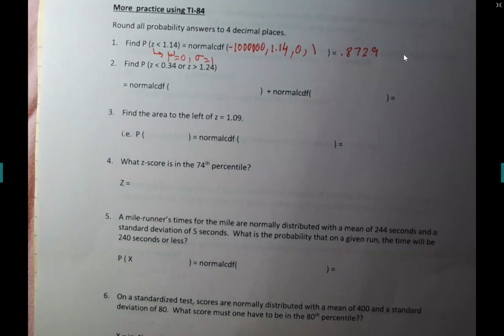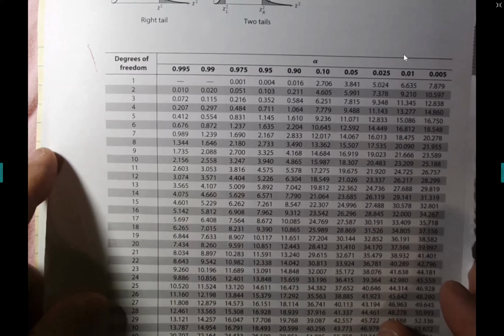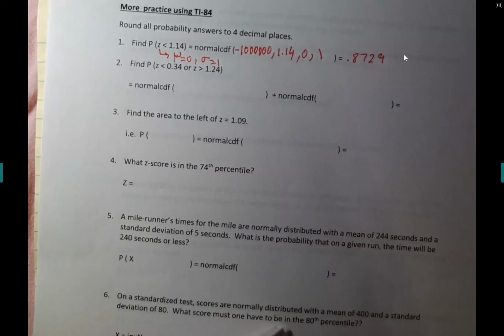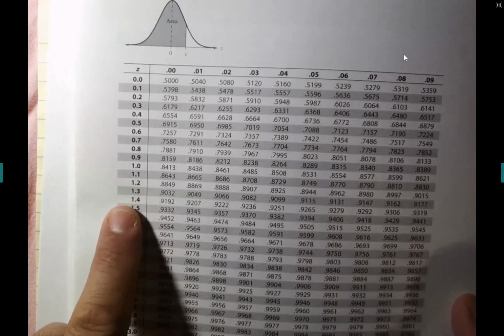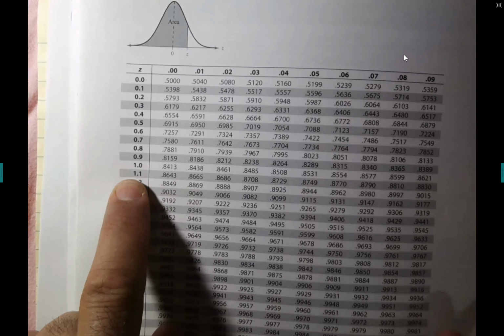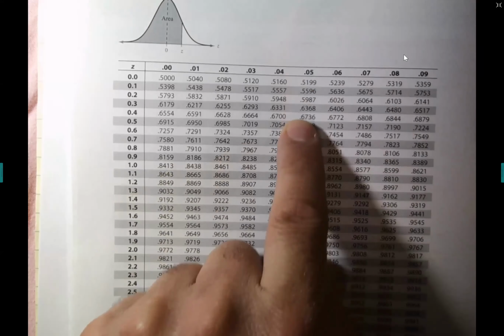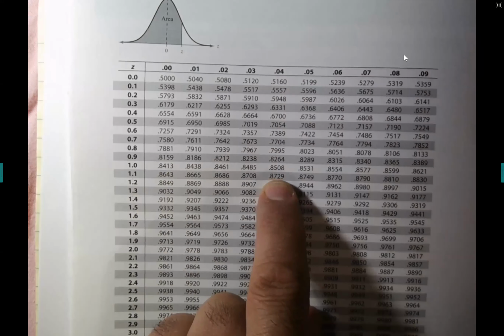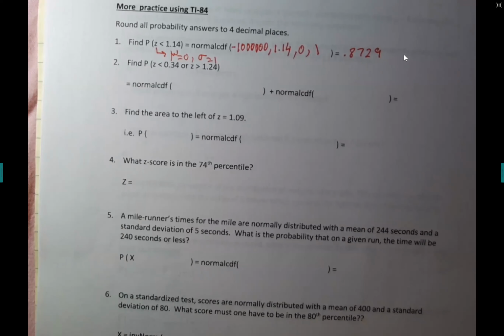This is the 1.14, 1.1 right here, and then I need the 4 right there. And here you go, 0.8729, exactly the same thing as I rounded. So the table can be used as well.